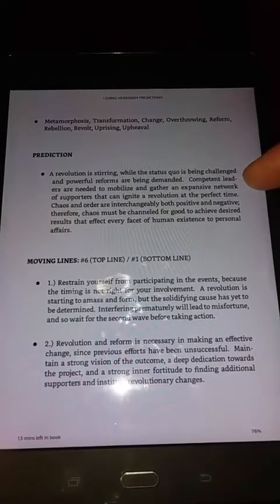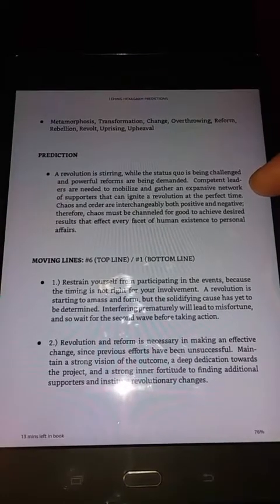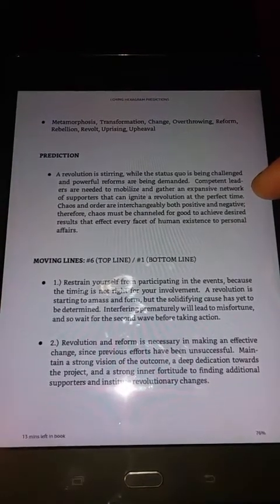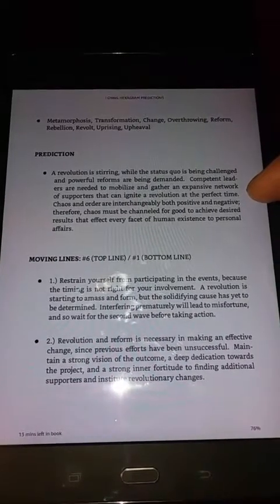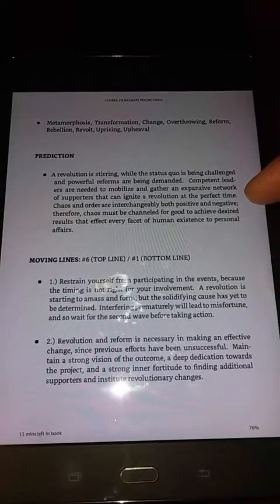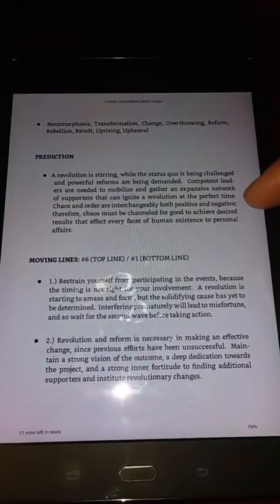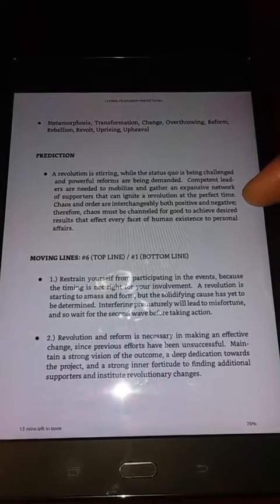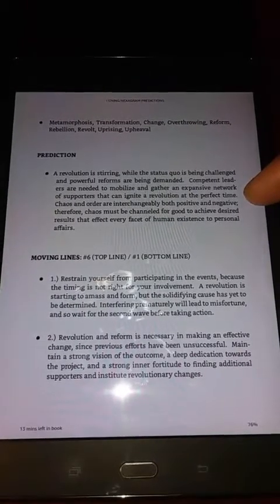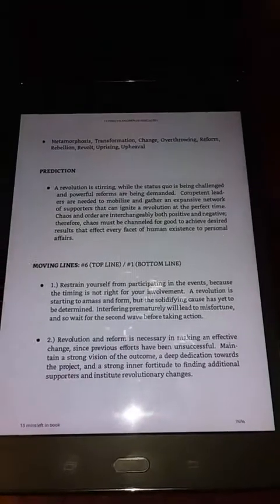Okay, so the prediction for the result of it all is a revolution is stirring while the status quo is being challenged and powerful reforms are being demanded. Competent leaders are needed to mobilize and gather an expansive network of supporters that can ignite a revolution at the perfect time. Chaos and order are interchangeably both positive and negative. Therefore, chaos must be channeled for good to achieve desired results. That affects every facet of human existence to personal affairs.